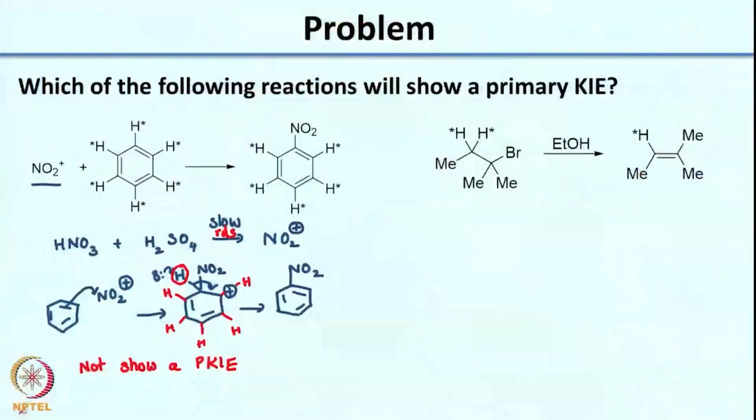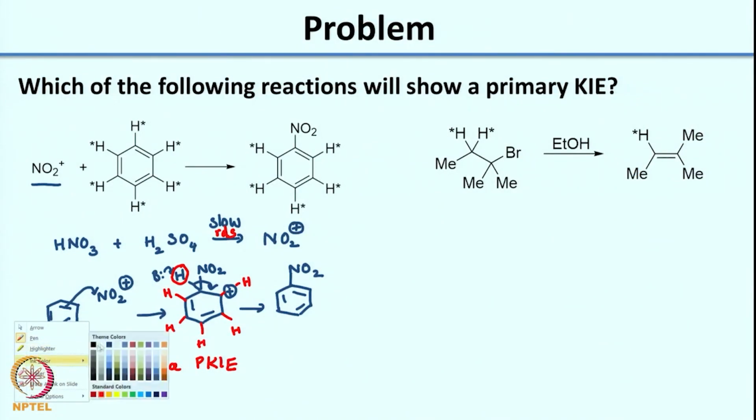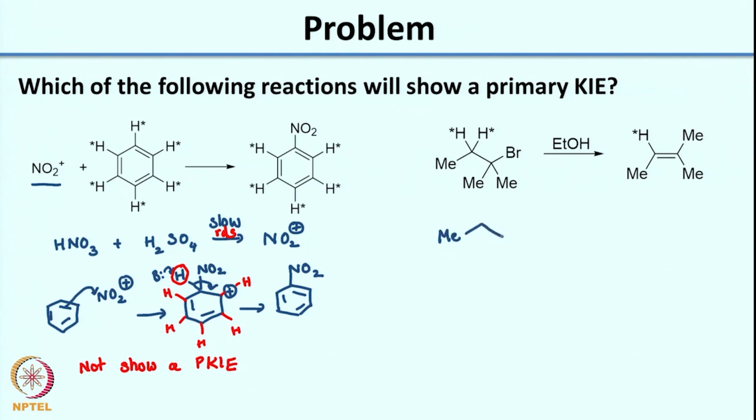Now, let us look at the other reaction. Now this is very similar to the reaction that we had seen in the previous lecture, except you have methyl groups here. So here how the reaction works is, the first step would be formation of a stable tertiary carbocation.